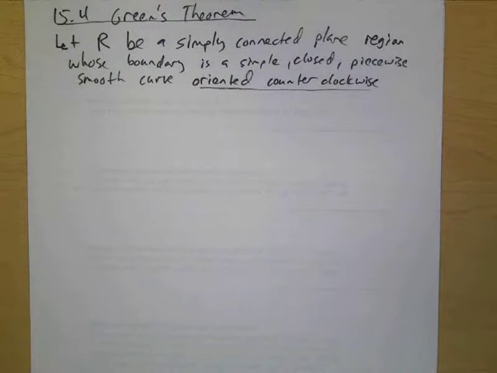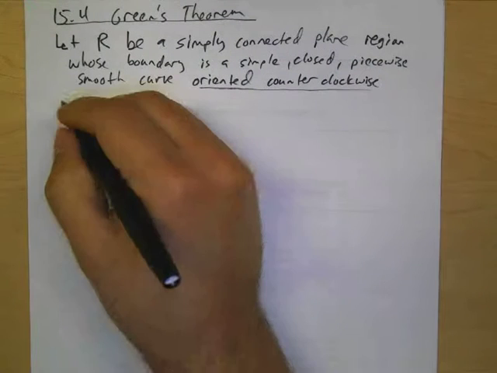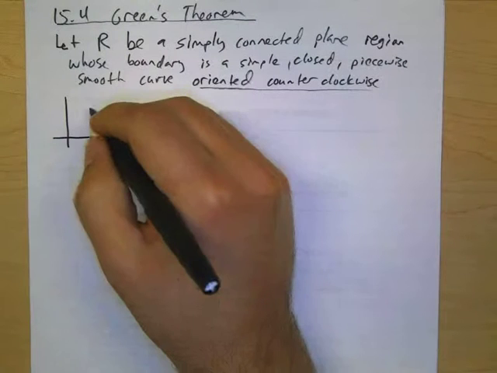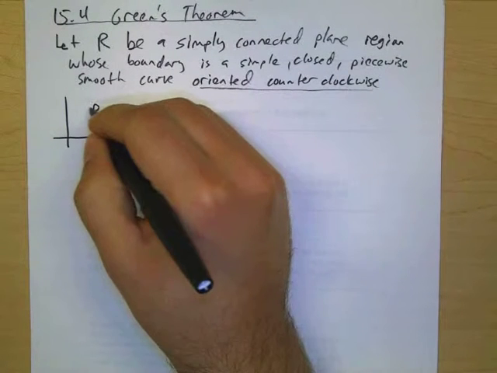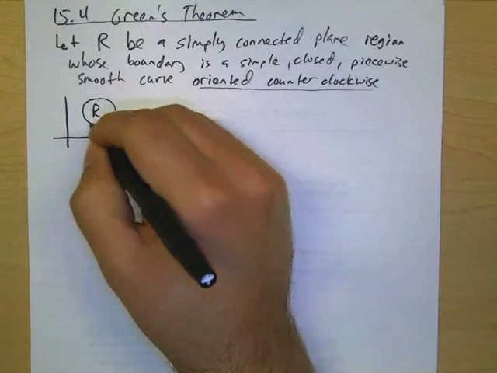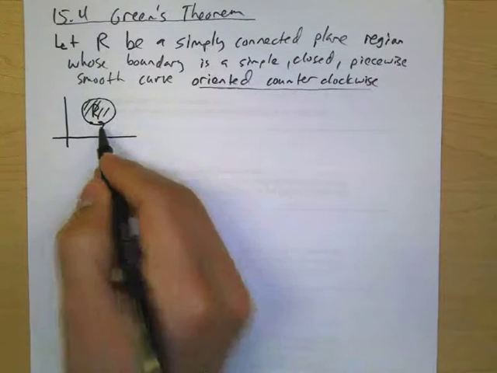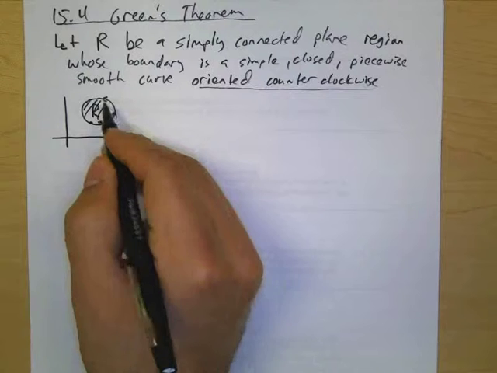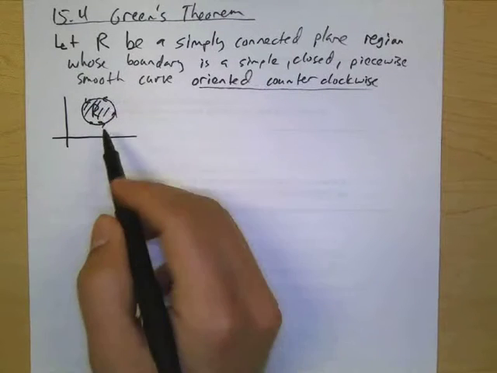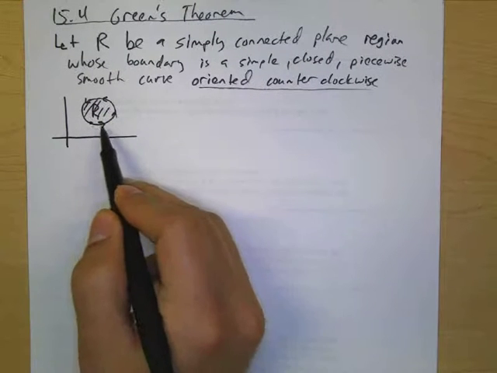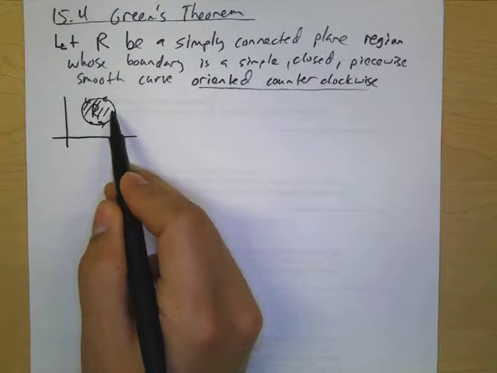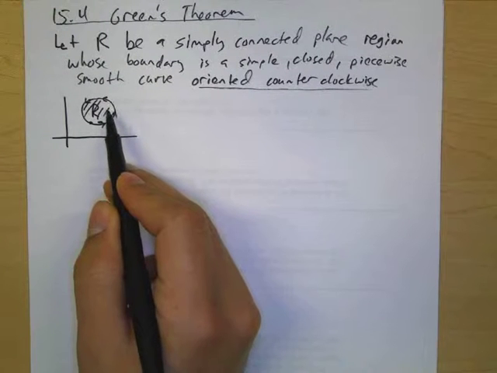That means, if this is R, that we travel around the region along the path in a counterclockwise fashion, so that the region on the interior is always on the left-hand side.